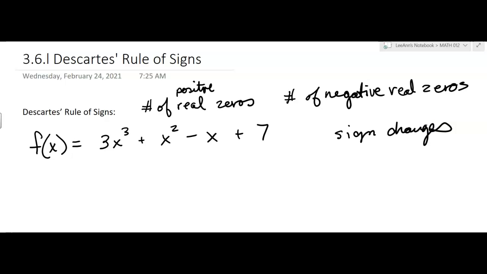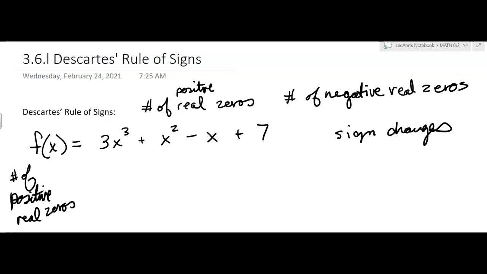So this is going to tell us the number of positive real zeros. And what I mean by sign changes, we count how many times the sign changes.